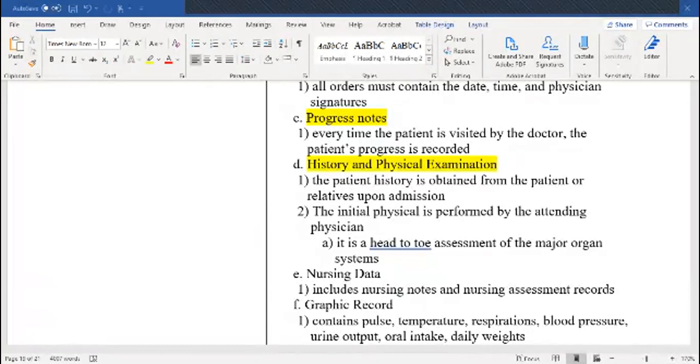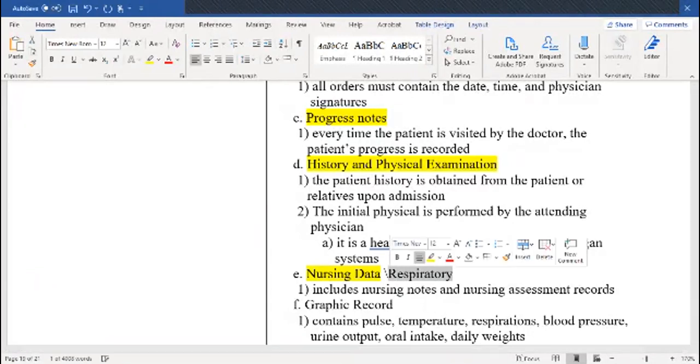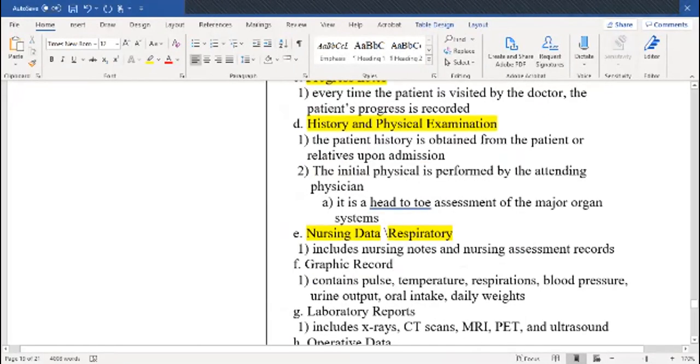Then you have nursing data, which would also be nursing and respiratory data. That includes nursing and respiratory notes and assessments and records, okay?